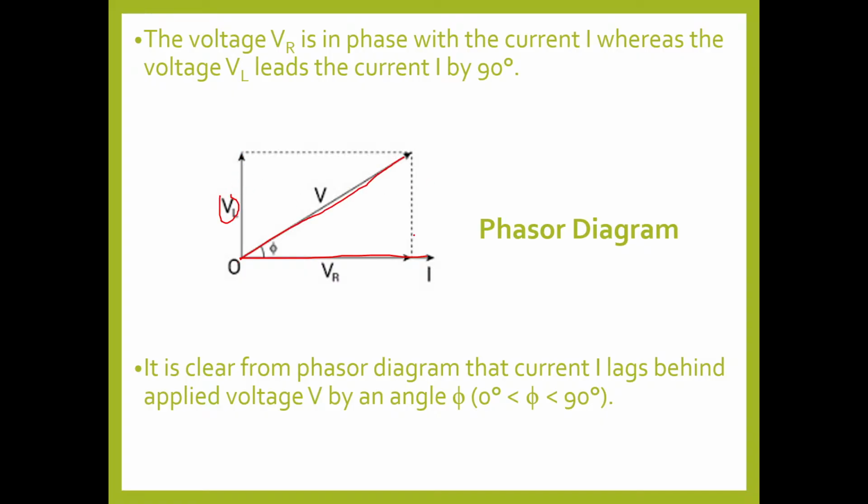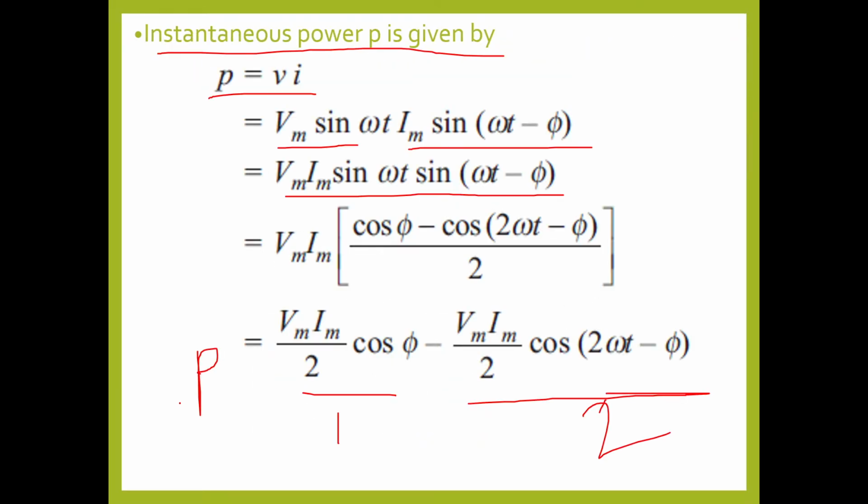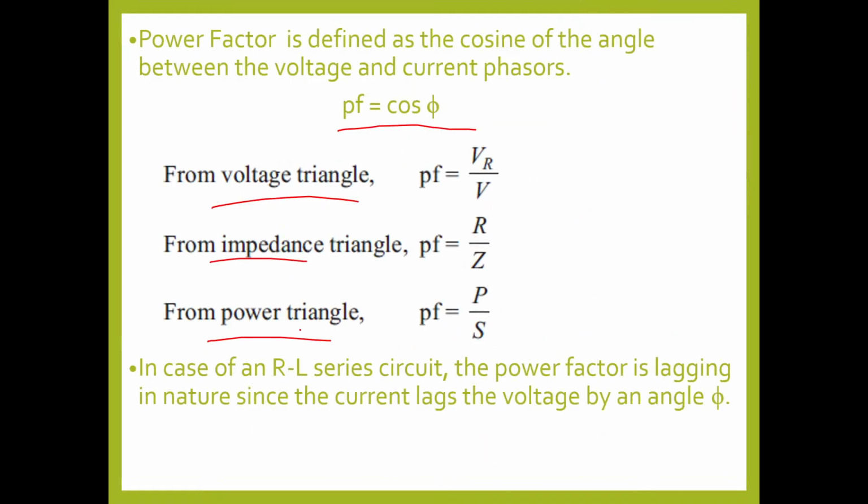This line is parallel to this line, so just draw a straight line here and write VL. This is our voltage triangle, and from the voltage triangle you can write down the power factor equations.